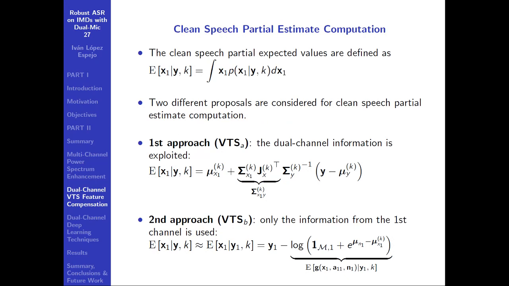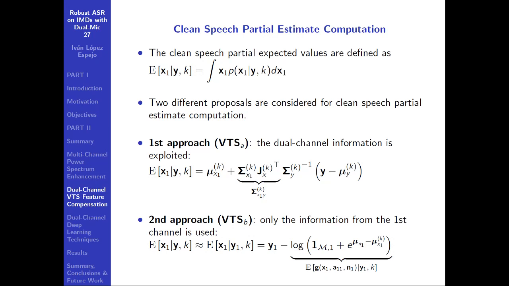Finally, we must compute the clean speech partial estimates, and while the clean speech partial expected values are defined this way, it is again necessary to linearize the speech distortion model in order to make inference feasible. So two different approaches are considered here.